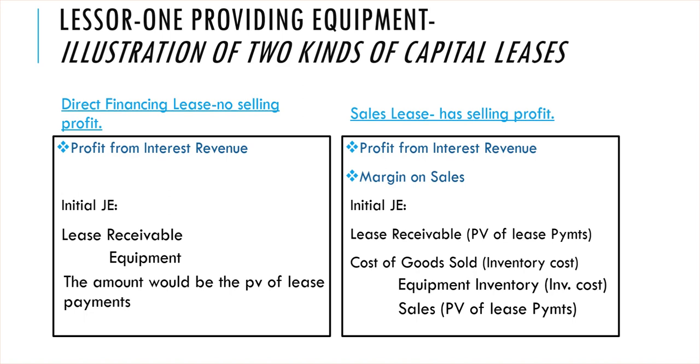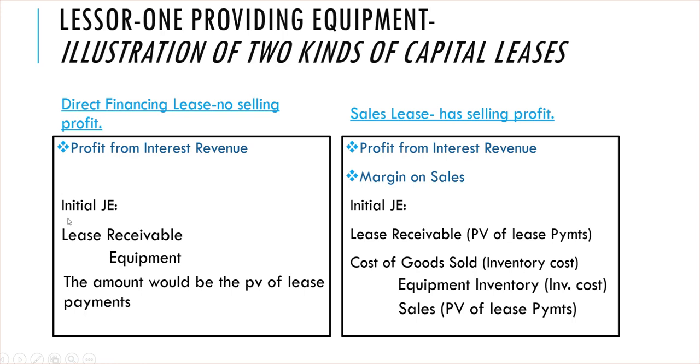If the owner, the lessor, has a PP&E item, there may be some gain or loss. We talked about that. So if they're holding it, and there's what we call no selling profit, also sometimes called direct financing, these are both capital or financing leases. If they're holding it as PP&E, they need to take the equipment off their books.